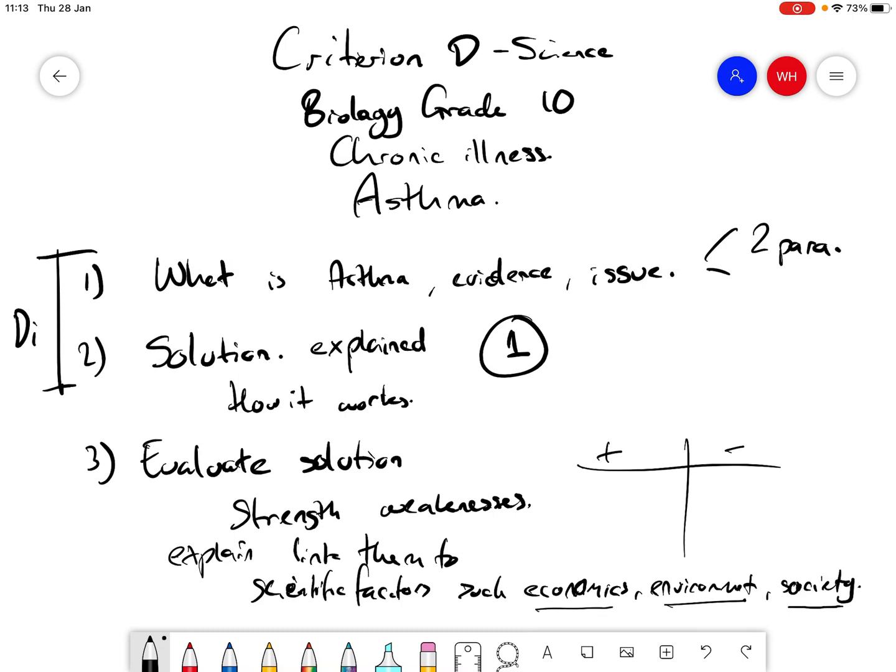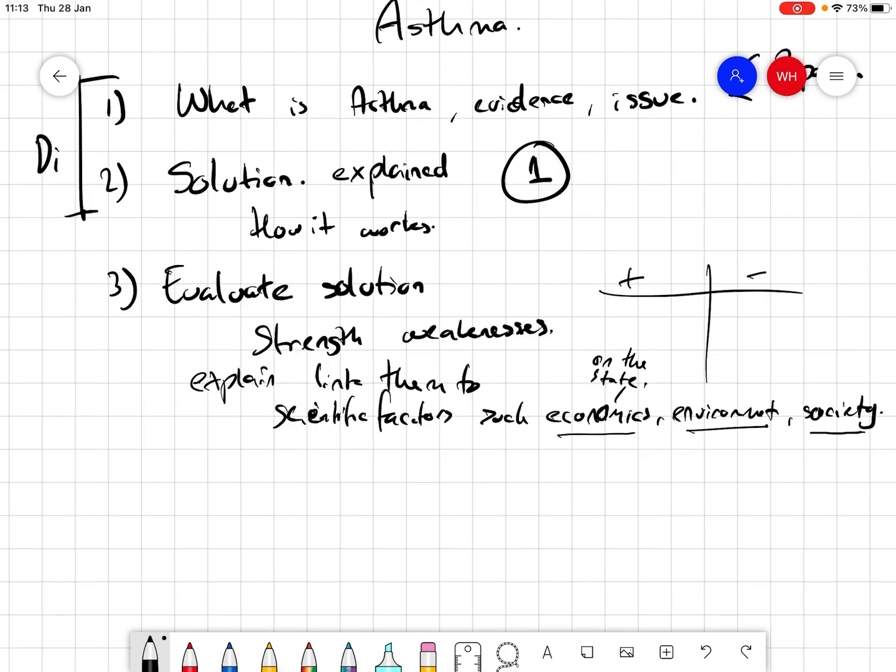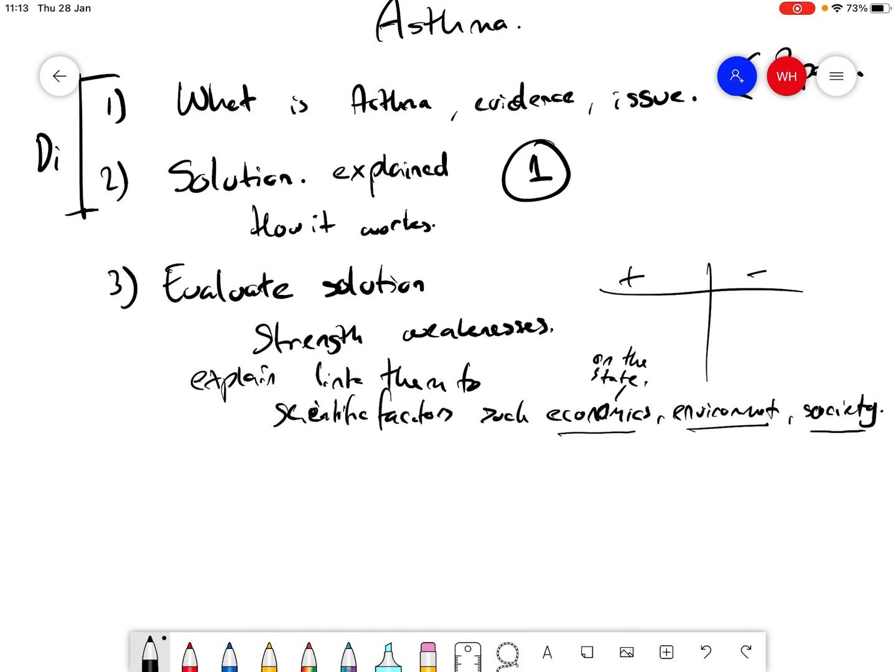Maybe you can also talk about the cost to the state, as in what is the economical cost to the government of that country in terms of the solution. But you could also talk about, if you don't use an inhaler, the idea that might have a bigger economical cost, because that might involve emergency treatment or larger surgeries or something like that. So you're going through your solution and you're critiquing it. Often the strengths are society related, in terms of it solves a health issue.